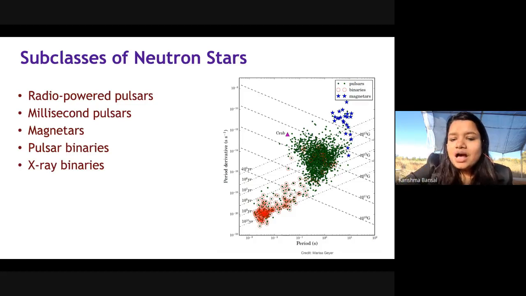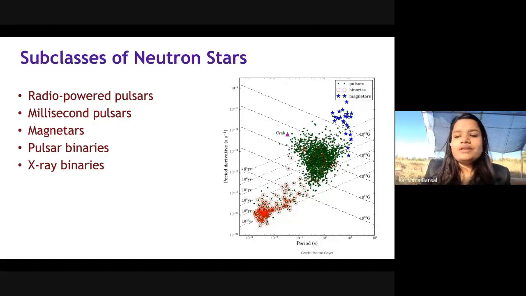Now you can see there are three clusters. On the very bottom left, there are these green dots circled by red circles. In the middle, you're seeing these green dots. And on the very top right, you're seeing these blue stars. So let's start with the one in the middle.